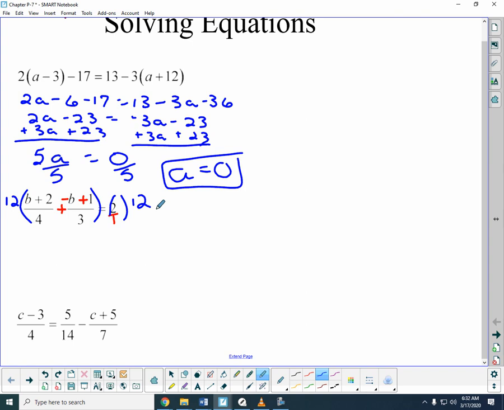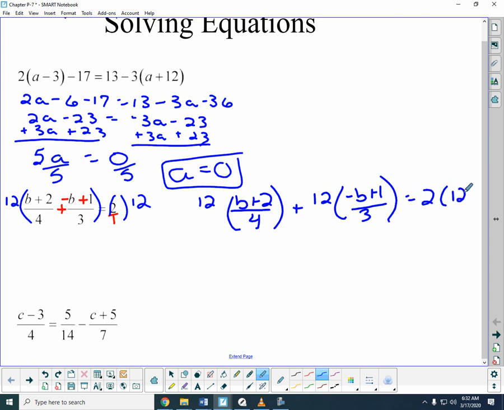And so I'm going to now distribute that 12, and I'm going to get 12 times b plus 2 over 4 plus 12 times a negative b plus 1 over 3 equals 2 times 12. Now what this allows me to do is simplify these, and it basically cancels out the denominators. 3 goes into 12 4 times, and so now I can just distribute.